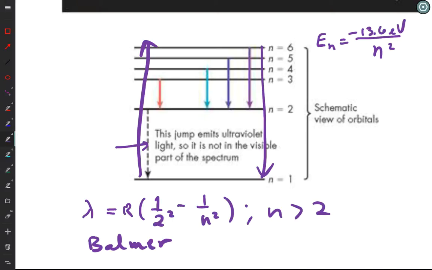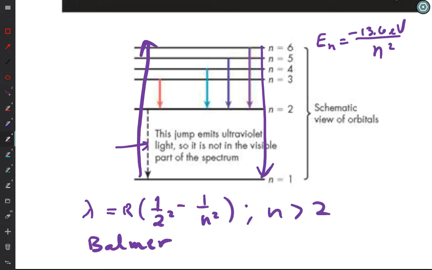Well, then people started getting better light measuring devices, and they were able to measure the infrared and ultraviolet radiation. And when they did, we have Lyman, who discovered that there was another series of ultraviolet light lines.